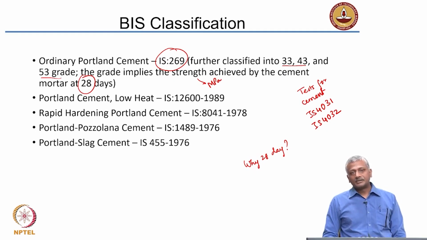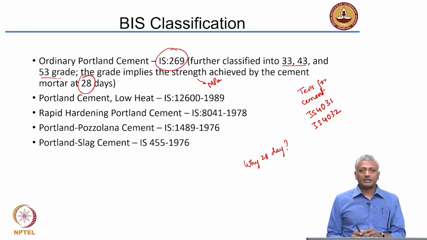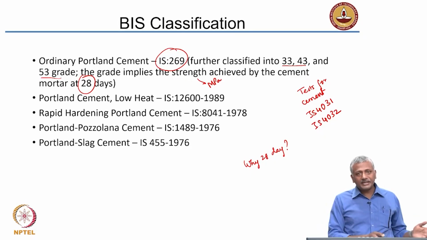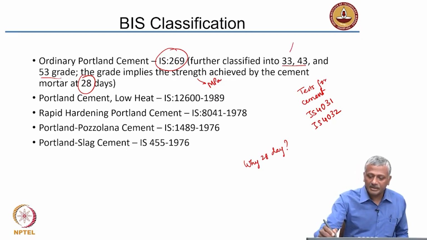Very often at construction sites, we are interested in finding out the 28-day strength. When we design concrete in the laboratory also, we talk about 28-day strength. Very often we also look at early age strengths at 7 days and 3 days depending upon our requirements. But here, if you look at the grades of cement, they would have specified strengths at 3 days, 7 days and 28 days.